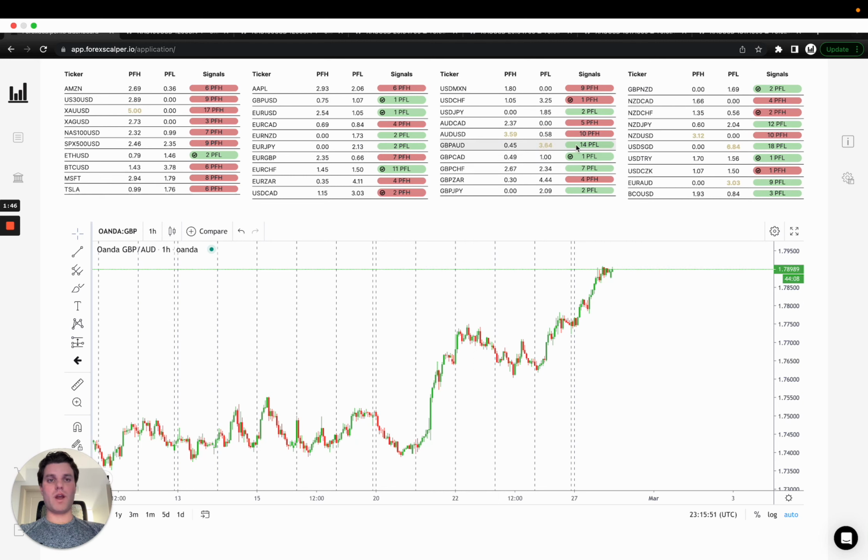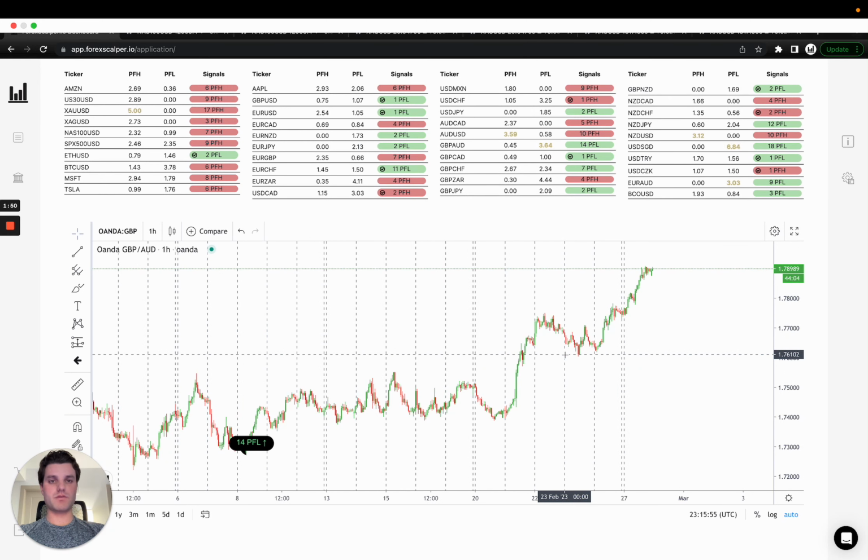Now, when it's already in PFL, when it's already green and it's bullish, right? Only when the PFL number goes 3 or above is when it starts flashing. Now, if PFH were to be at 3 or more, nothing would happen. It would not flash, because the current trend is bullish, PFL.